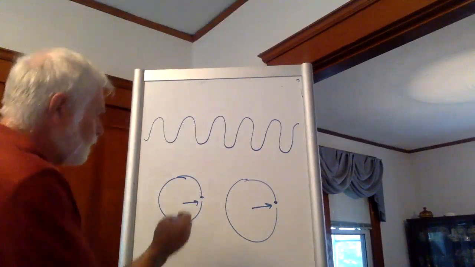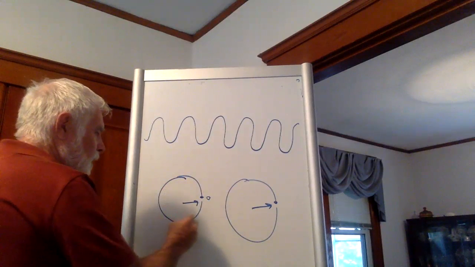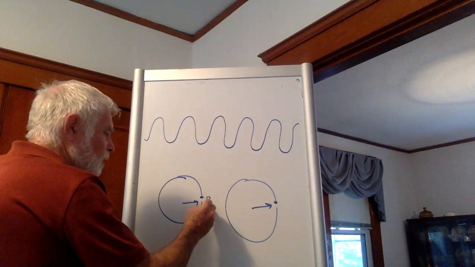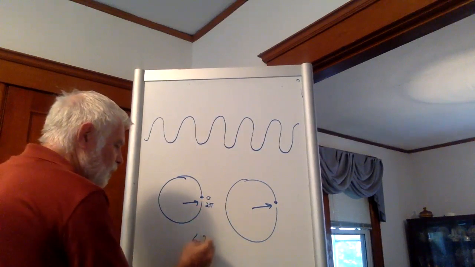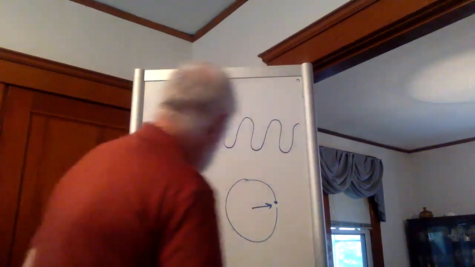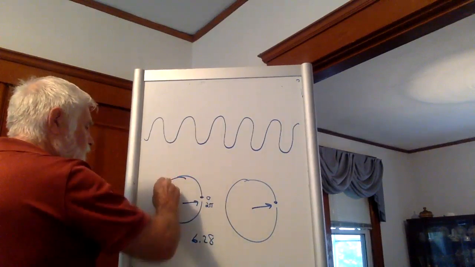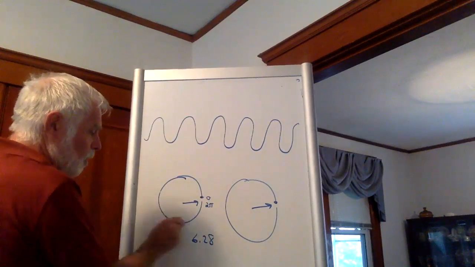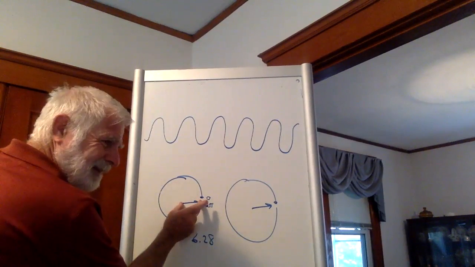So this is no movement around the circle. And then when I go all the way around, I have traveled 2 pi units, or 6.28 radius lengths. I should have brought my lanyard. But if this is the radius of that circle, then it's about 1, 2, 3, 3.14, 4, 5, 6, 6.28 of these lengths.